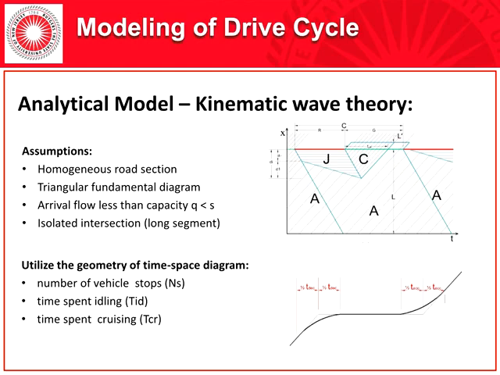The intersection is isolated, which means that the links are long enough that the intersection is not being affected by any other intersection.